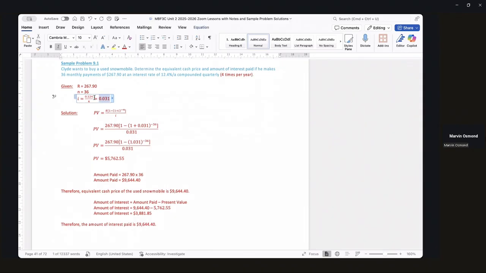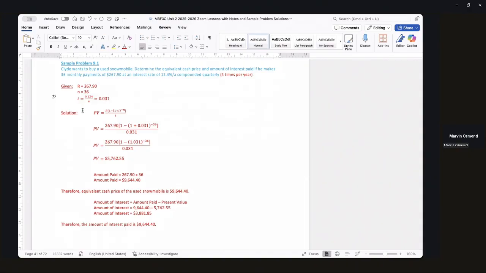So 12.4% would be 0.124. So remember, 12.4%, to change that to a decimal, we will simply divide by 100. Okay. So now I have my R value, my n value, and my i value.